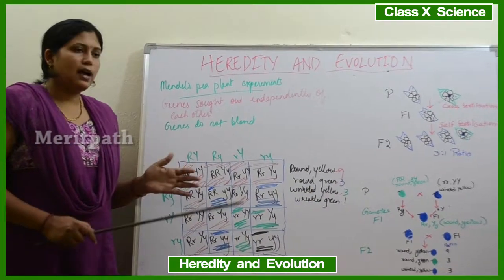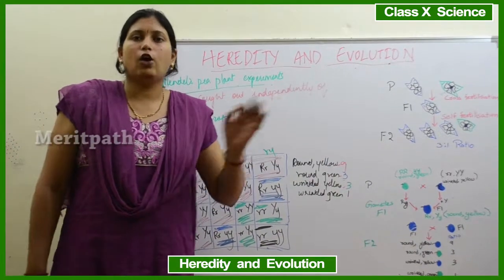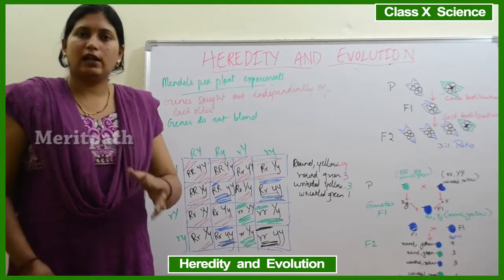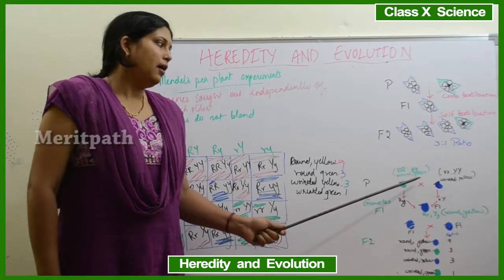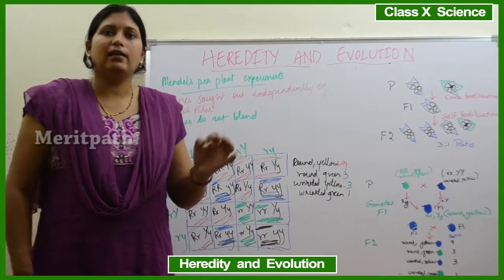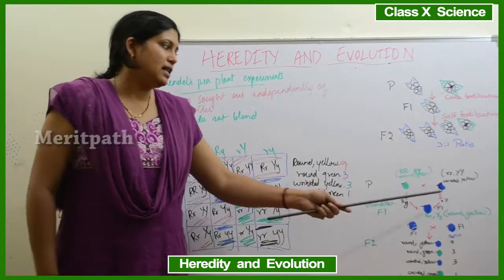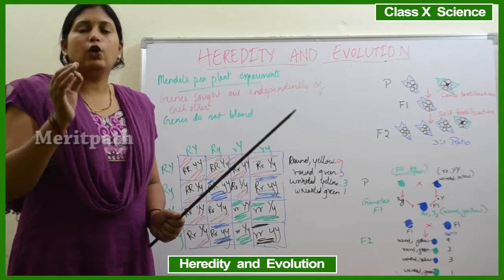See here he has done a dihybrid cross in the second experiment, to explain the law of independent assortment. So with two characteristics, he has taken one pea plant with round shaped seed and green colored seed, round shape and green color. And the second one, he has taken wrinkle shaped seed and yellow color.